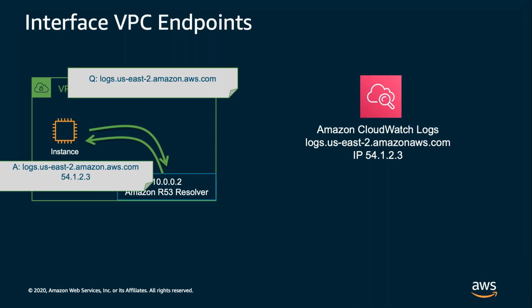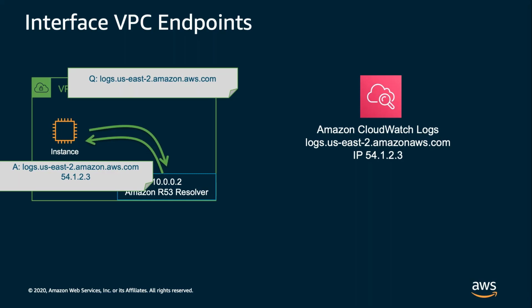In this instance, it would return multiple records, but we're just showing one here for simplicity. This means I need either an Elastic IP address on my instance with an internet gateway, or a NAT gateway with an internet gateway as well. So we need some type of public route to those public IP addresses.